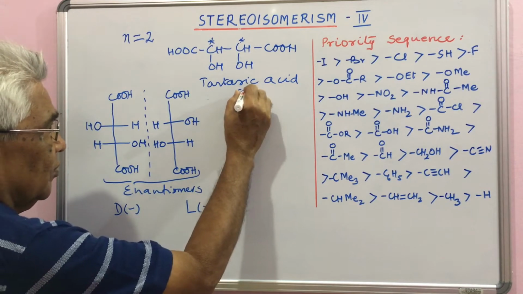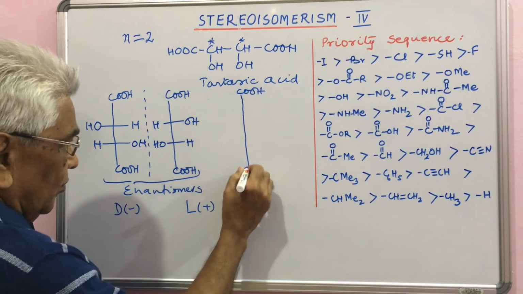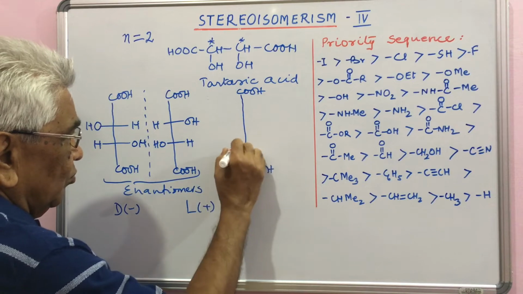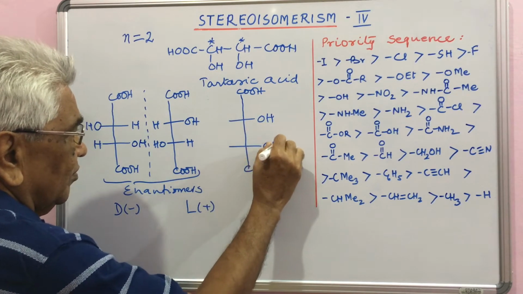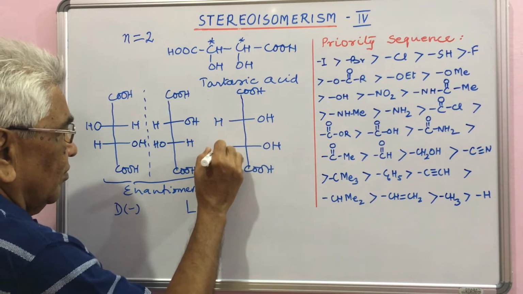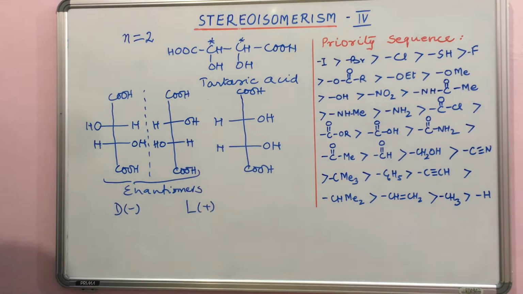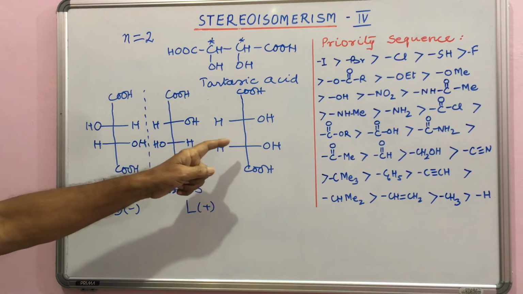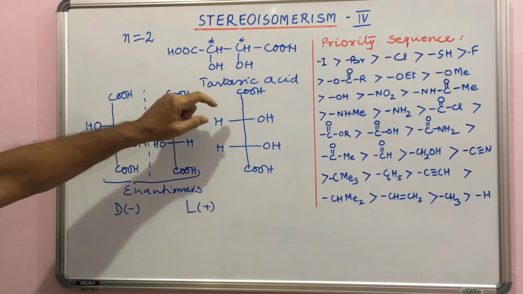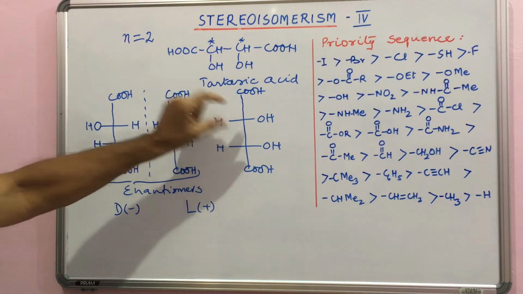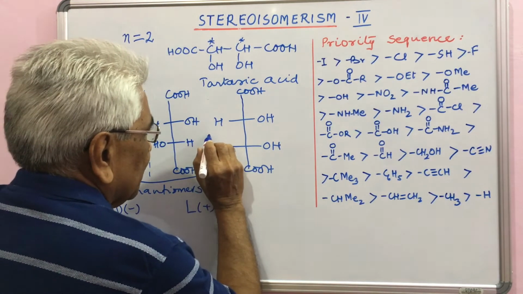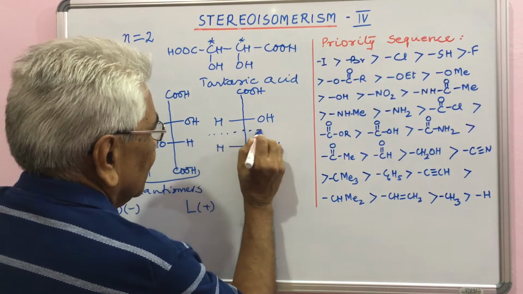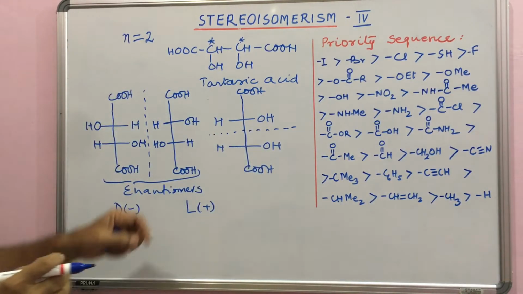Now we put both OH on the same side. This molecule, though, has two asymmetric carbon atoms, yet there is a plane of symmetry in the molecule.